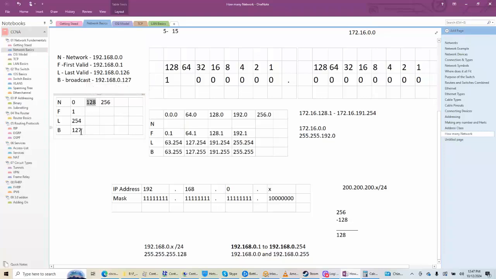That's going to give me the broadcast of the previous network, 126. It's my last valid host, just minusing 1 and then adding 1 from the network number itself that we're on. But that gives me 127 addresses, right? Technically 126, because we're not using the 0, remember, because it's a network number.